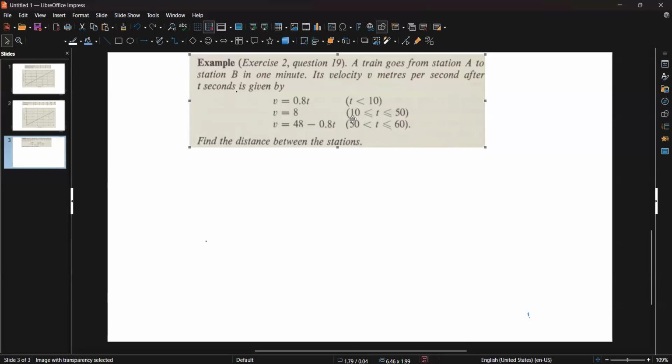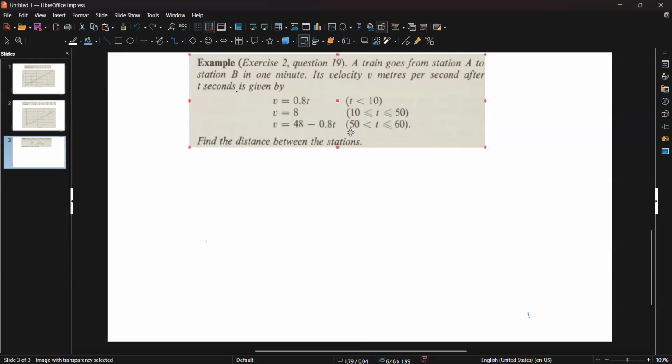Then between 10 and 50 seconds, it's moving at a constant speed of 8 meters per second. And then from 50 to 60, for the last 10 seconds, so this is the train journey in 1 minute, the motion is described as v equals 48 minus 0.8t.